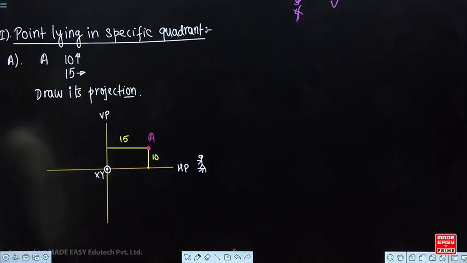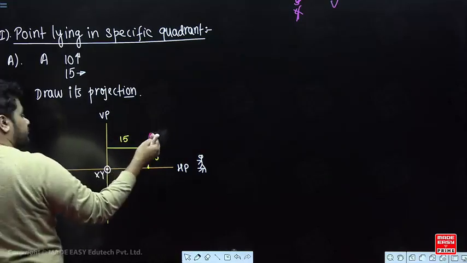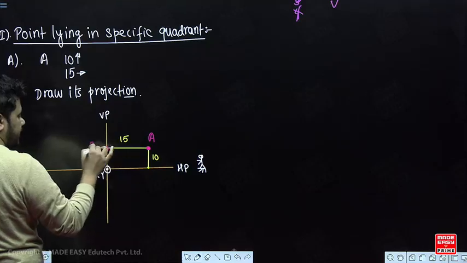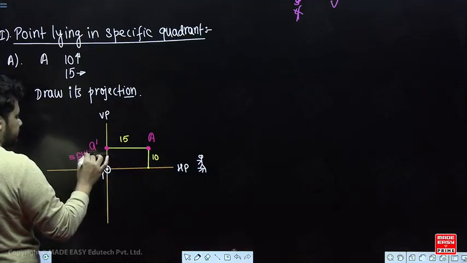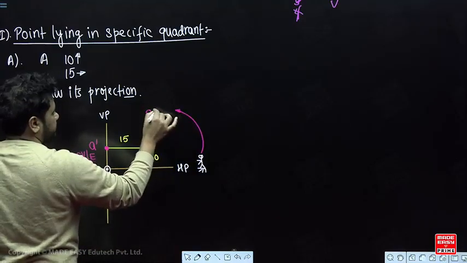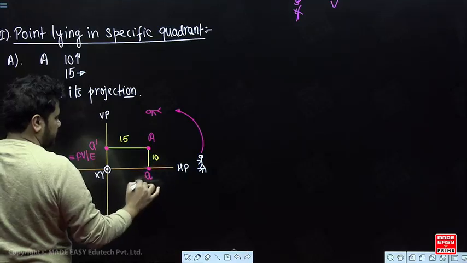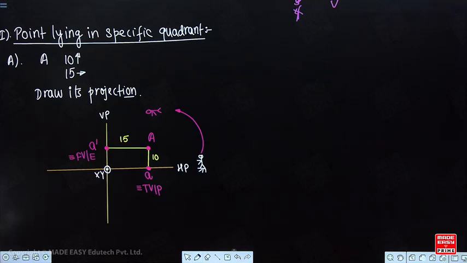So this is basically point A. Clear? Now if you see the front view of this, you will get A dash. A dash is nothing but your front view or elevation, correct? And when you see from the top, you will see the top view over here, A, which is your top view or plan, isn't it?